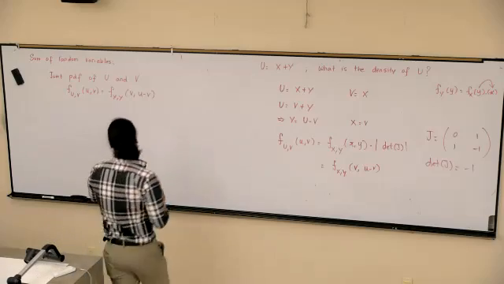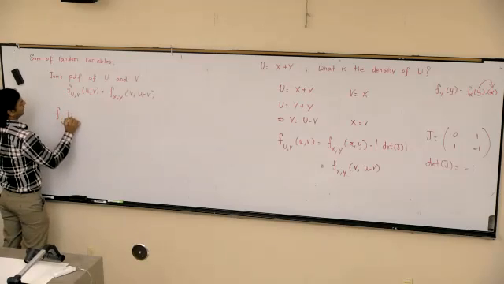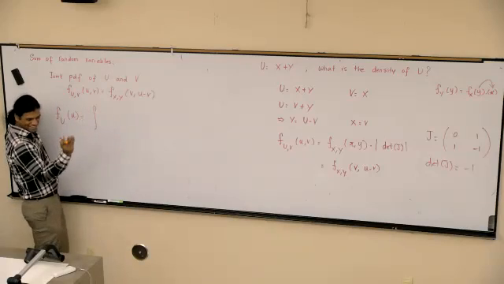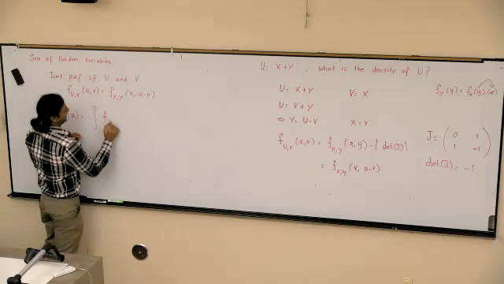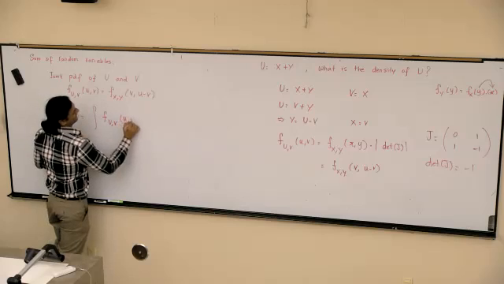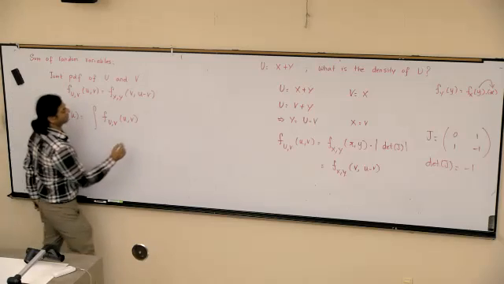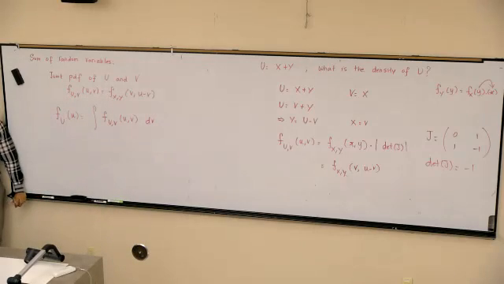V. So f_U of u was intentional. I was waiting for this moment. So we have to take the joint distribution and integrate it with respect to V. I will get the density of the sum of random variables.